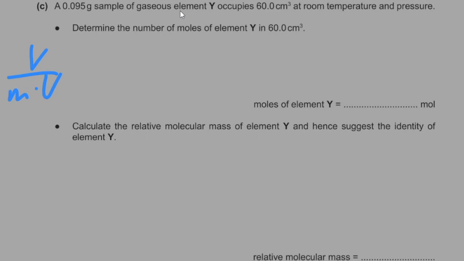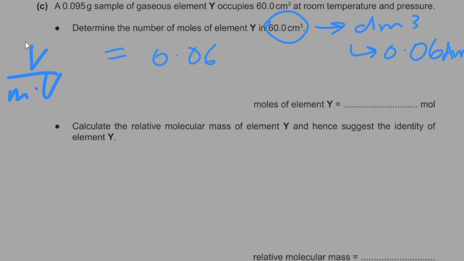But first, we need to convert this centimeter cube into dm cube, which would give the volume of Y as 0.06 dm cube. And so we have the calculation as 0.06 divided by the molar volume, which is 24, and this gives the answer as 2.5 into 10 to the power of -3 moles of element Y.